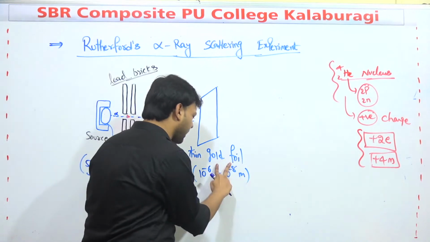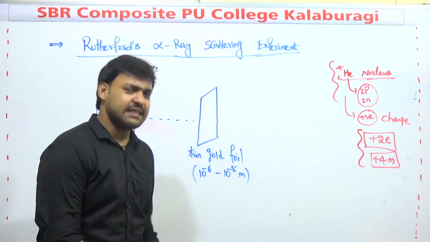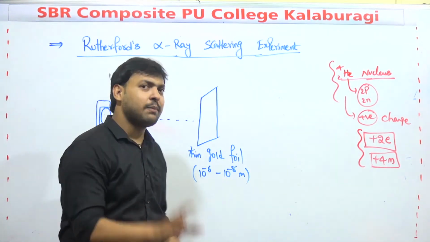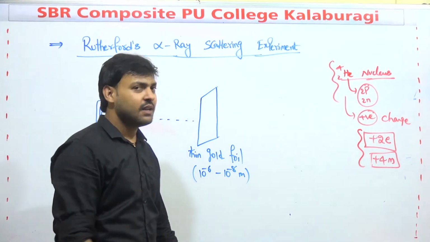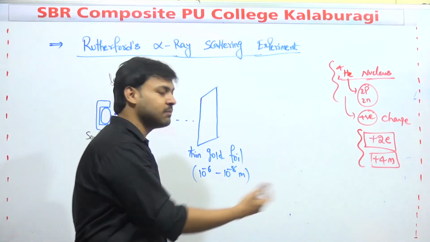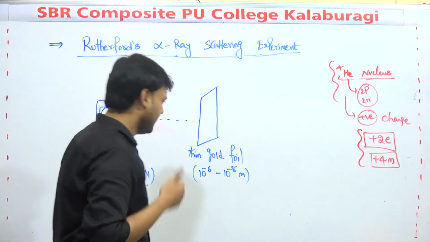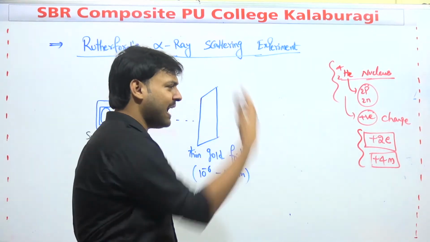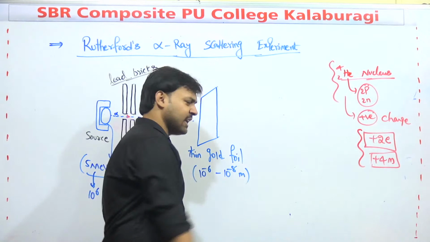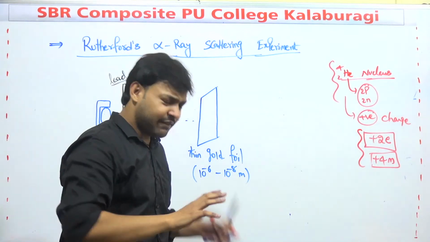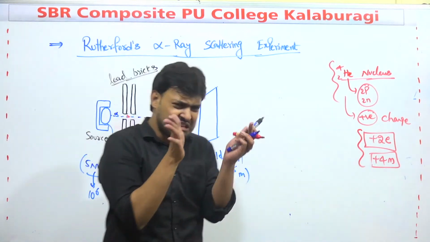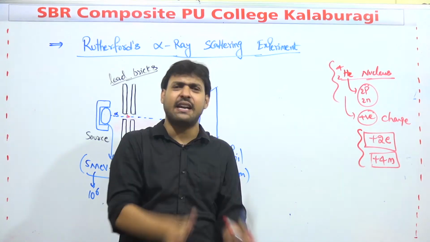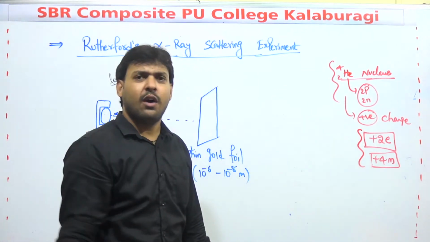Why only gold? Why should it be very thin? He is doing some experiments on the atoms. Gold we can divide into very thin sheets, in the order of one atom.